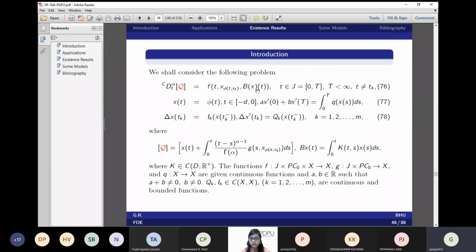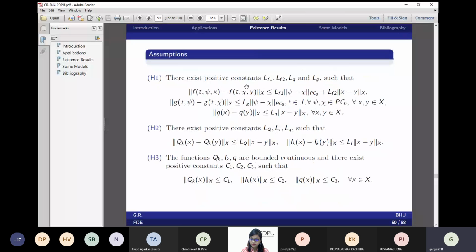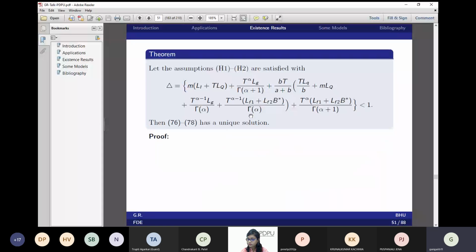I will not go into the detail of this equation. Basically, this equation can be converted into an integral equation, and for this integral equation we can take some assumptions. Under some assumptions, this problem has a solution.